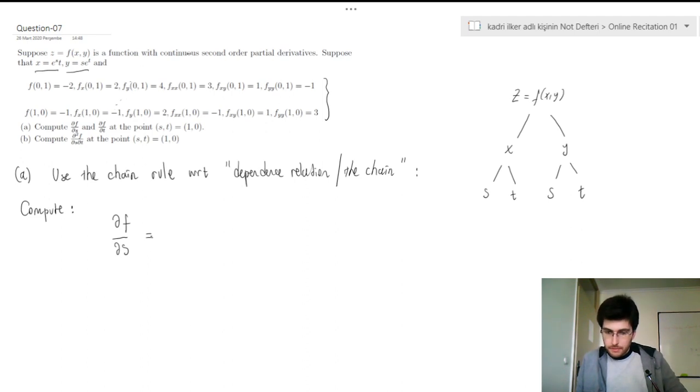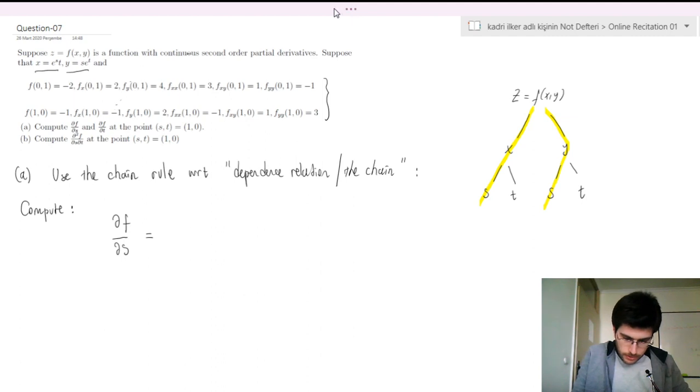Now we should be careful, because the main idea behind this chain rule business, since we are going to differentiate with respect to s, is that s is the variable at the bottom of the chain, and there are actually possible ways of reaching s. One of them is this; you can use this path, or you can use this path.